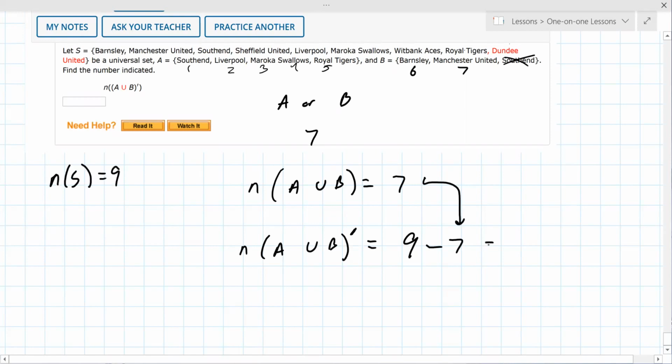That's where that comes from. So this is 2 total. Did not like that. Did I not count these right? So Southend, Liverpool. Oh, sorry, there's 3, 4 there that double counted. So that's 5, that's 6. That changes that number to being 3.